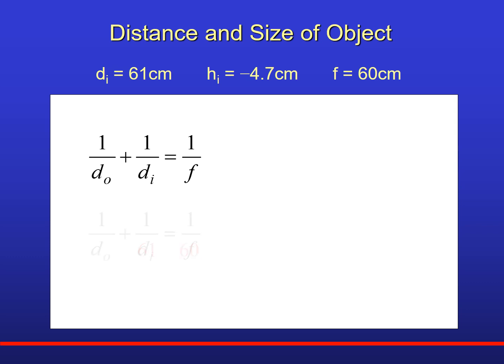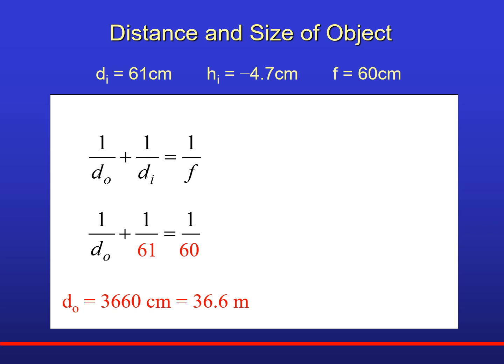Well, we plug in the values. So we have d sub i is 61, f is 60. Now, both of these are in centimeters, so I didn't have to change the unit. You solve that for d sub o. The object is 3,660 centimeters from the mirror.